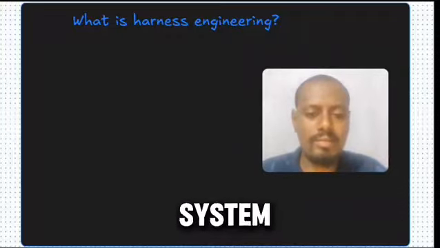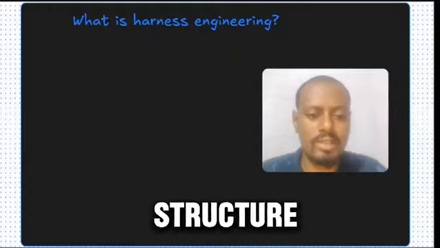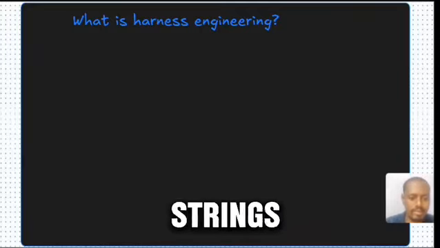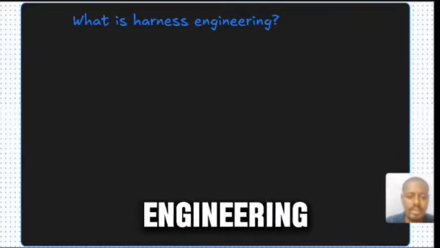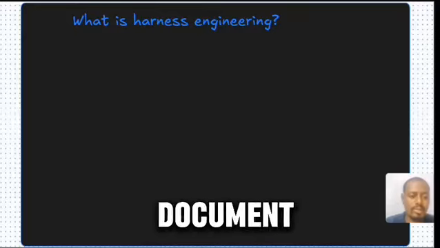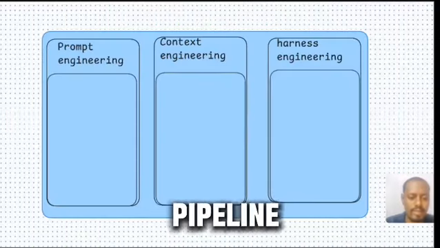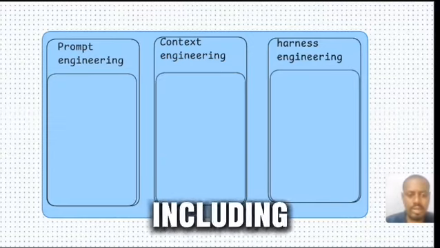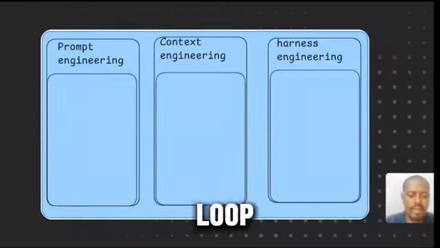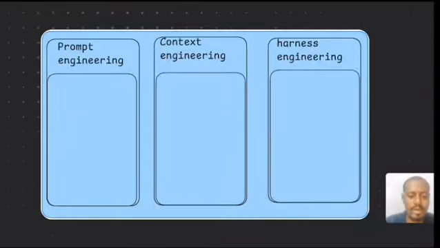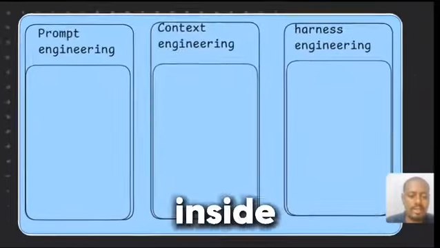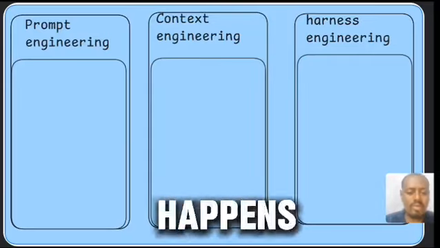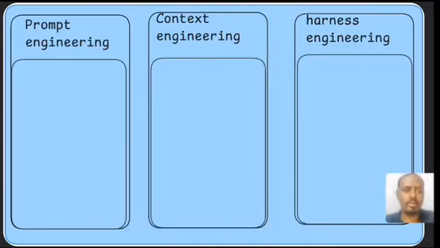AI system design moves through 3 structural stages. First is prompt engineering, structuring individual input strings. Context engineering is selecting relevant documents for a retrieval-augmented generation pipeline. And harness engineering is building a complete runtime system, including storage, sandbox, verification loop, and security guidelines. Prompt and context design live inside the harness. The harness controls what enters the context window next, and what happens after output generation.